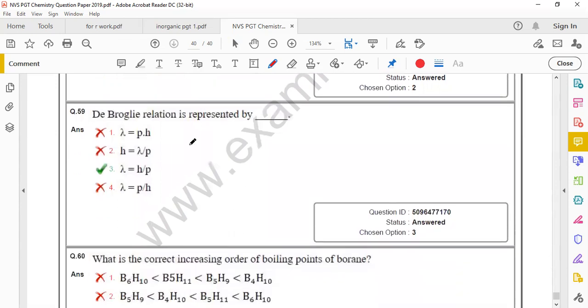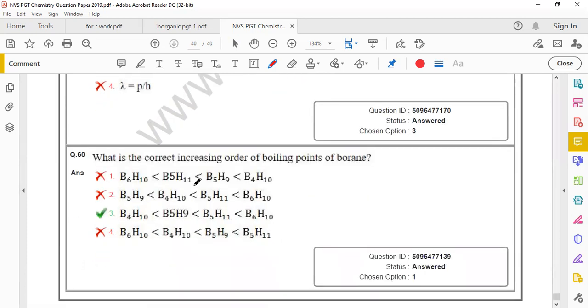Next question is, the de Broglie relation is represented by lambda equals h by p. h upon p is the de Broglie representation. Next question, and the last question of this video, is what is the correct increasing order of boiling point of boranes?